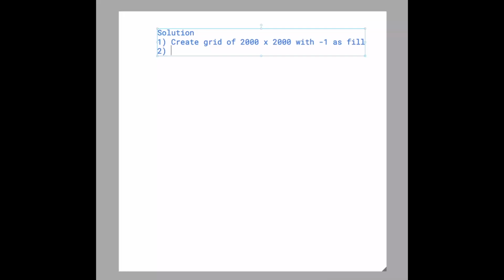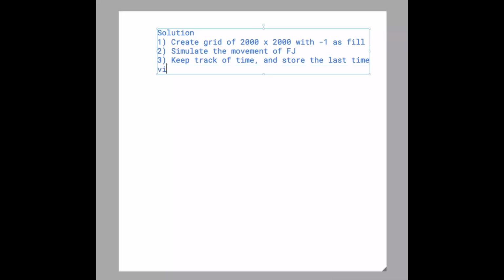And then you're going to simulate the movement of Farmer John and keep track of the time, and store the last time visited in each cell of the grid.